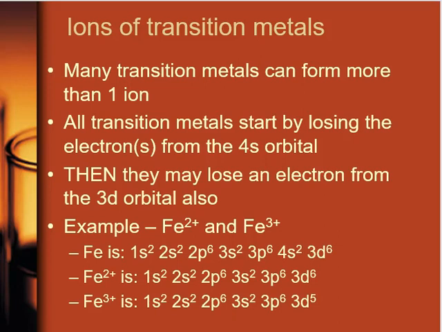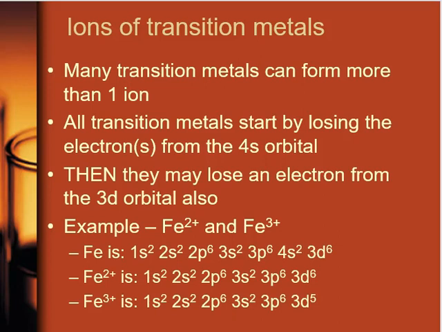Those 4s and 3d orbitals are very similar in terms of energy level. Okay, but the 4s orbital is slightly further away from the nucleus than the 3d orbital. So that 4s orbital will lose electrons before they come out of the 3d.